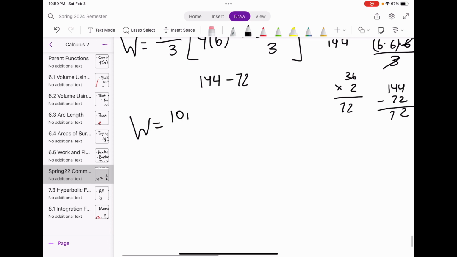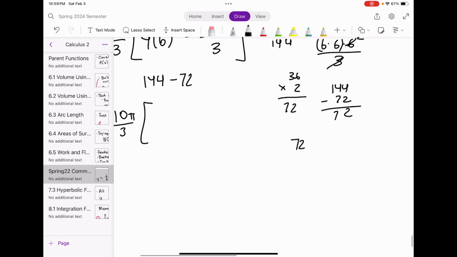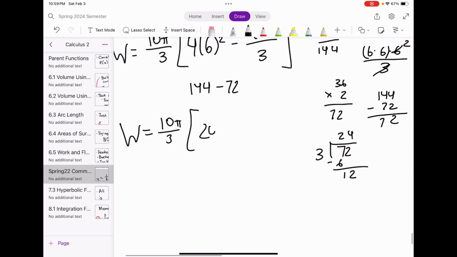W is equal to 10 pi over 3 times 72. 72 is divisible, so it's 240 pi. And what are our units? It's going to be pounds per foot.